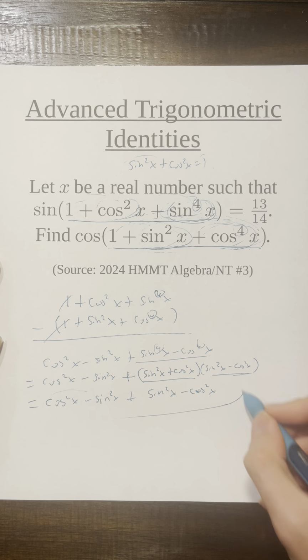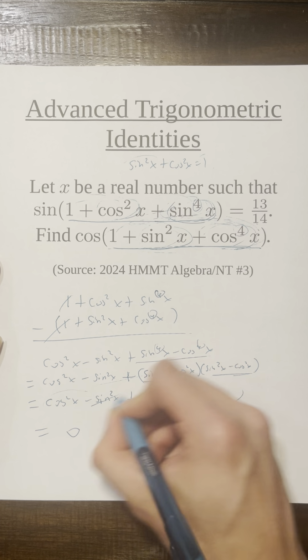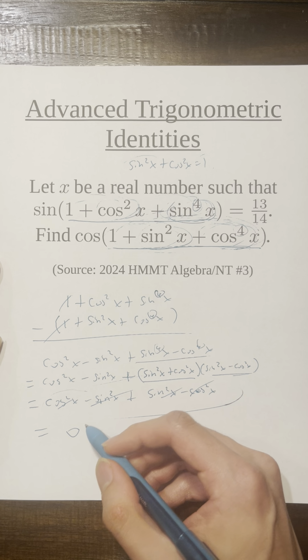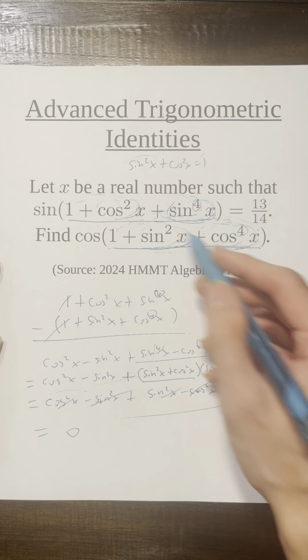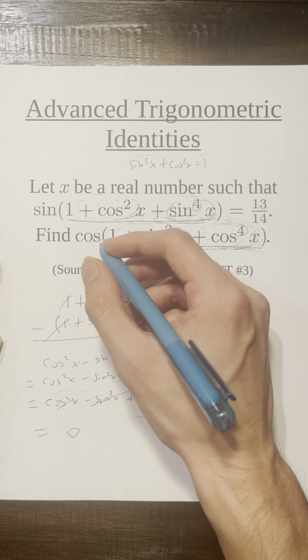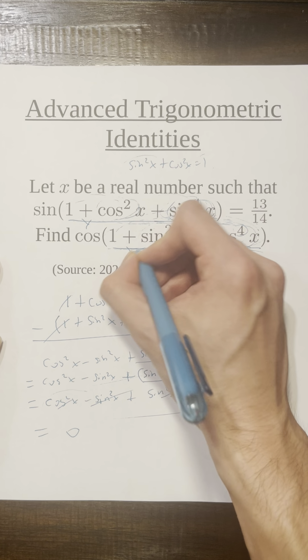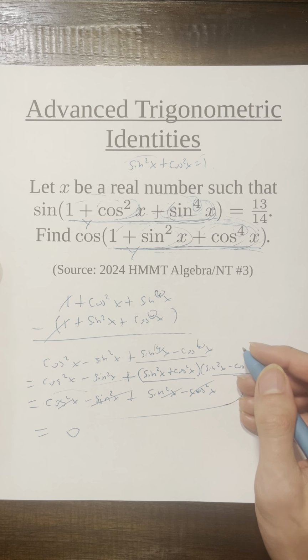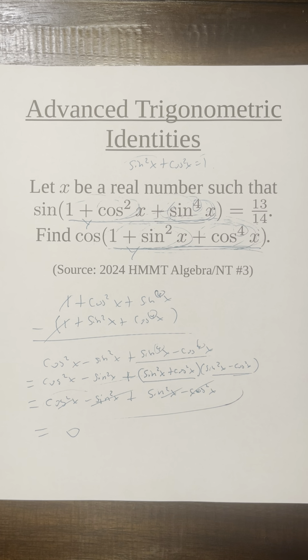And what is this equal to? 0. Okay, wait, so if this minus this is 0, that means this has to be the same as this. I could literally say that this is y, and this also has to be y. So sine y is 13 over 14, what's cosine of y? So that simplifies the problem a lot.